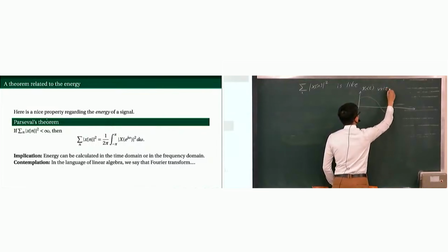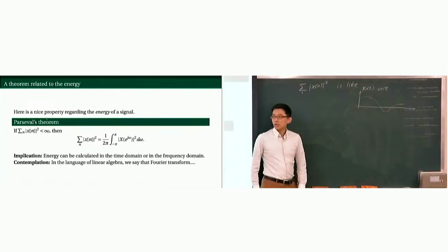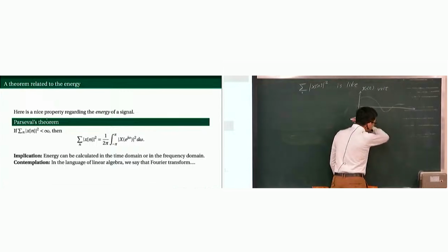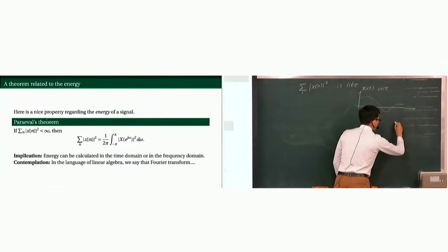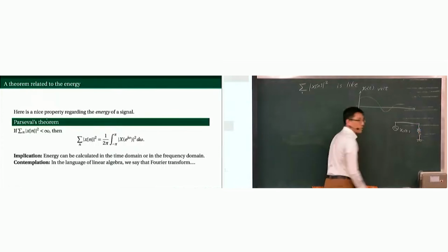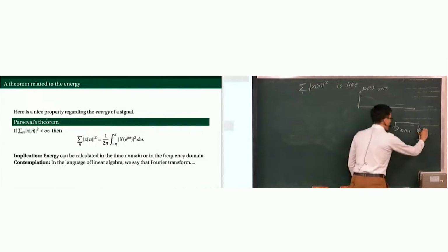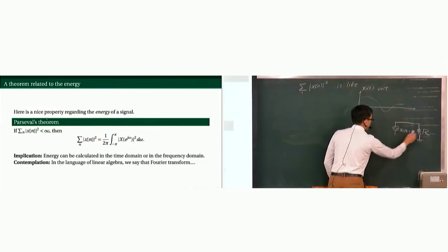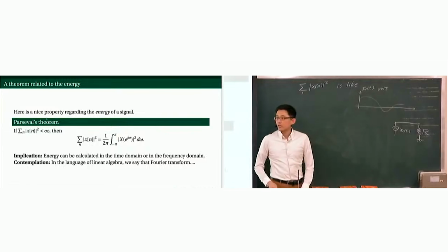Let's think of this as if it goes through a load resistor, which has a resistance R. If this is a voltage across a resistance, then what's the total energy dissipation?